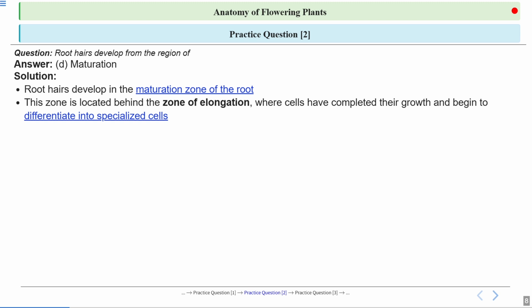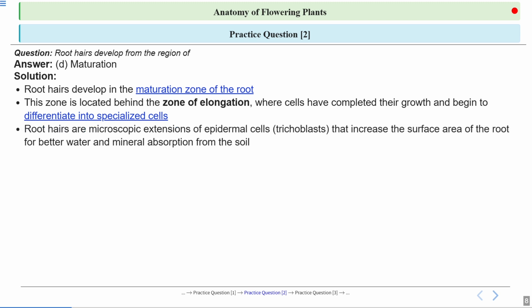So there is a division phase present in the cells where continuous division occurs, right? That is which type of cells? Meristematic. The meristematic zone continuously divides, then there is a zone of elongation.